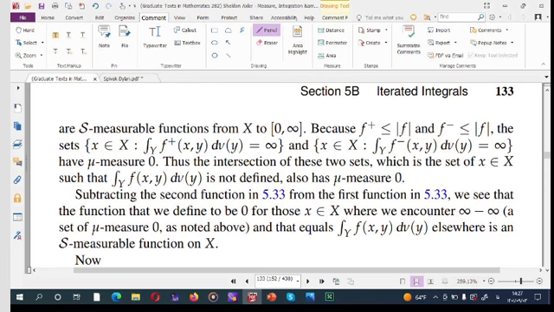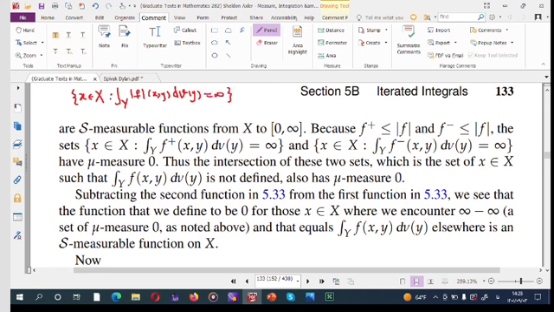Please note that these two sets are subsets of this set, the set of all x in X such that the integral over y of the absolute value of f, d mu y, equals infinity.